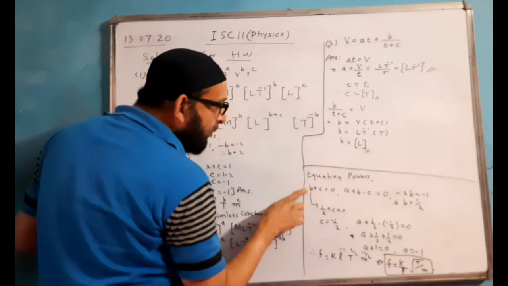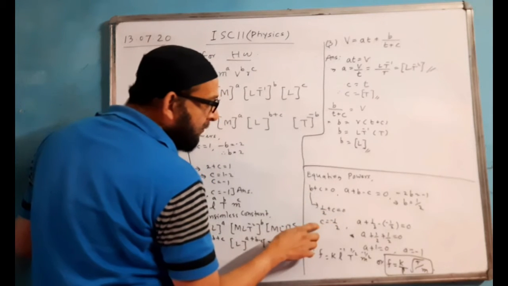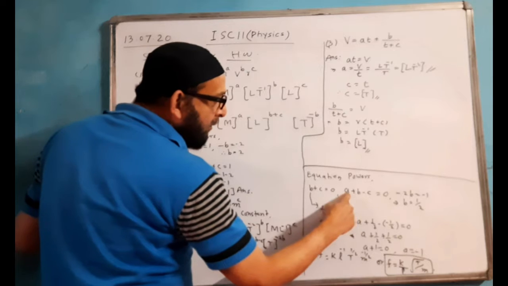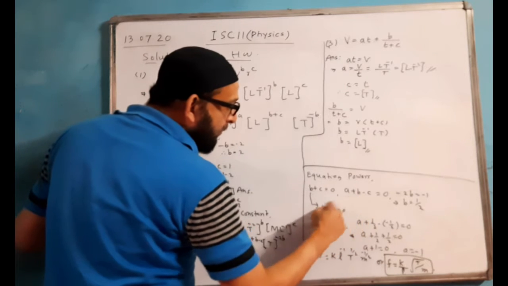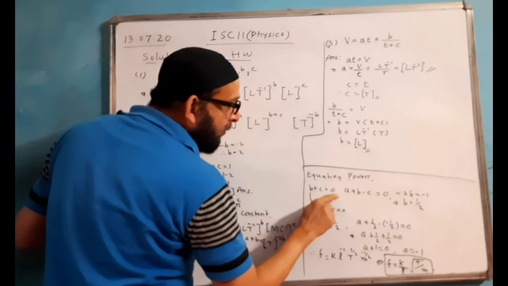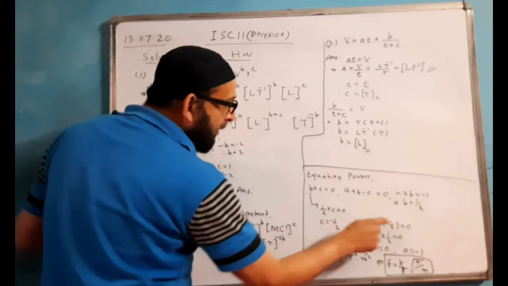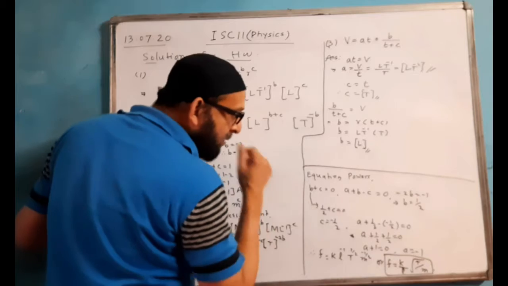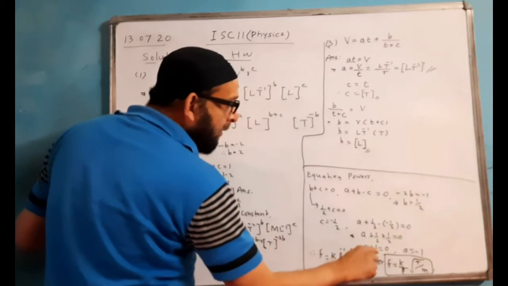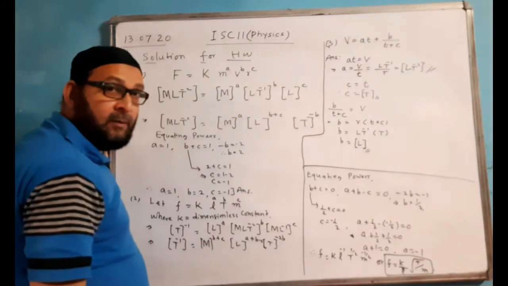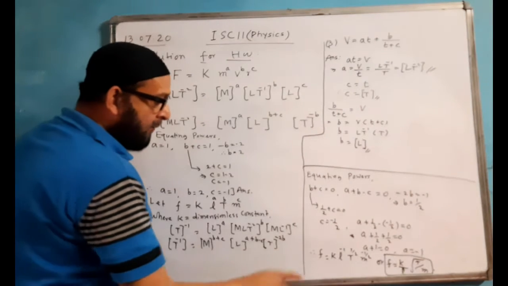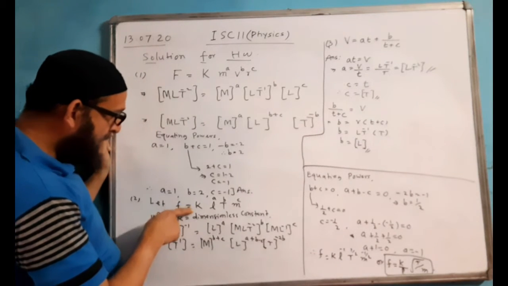This value of b we put here: half plus c is equal to 0, therefore c is minus half. Again, in a plus b minus c, put the values: keep a as it is, plus b is half, c is minus half. Minus becomes plus, half plus half becomes 1. This goes to the other side and becomes minus 1. Now we know the values of a, b, c. We put them back in this equation.